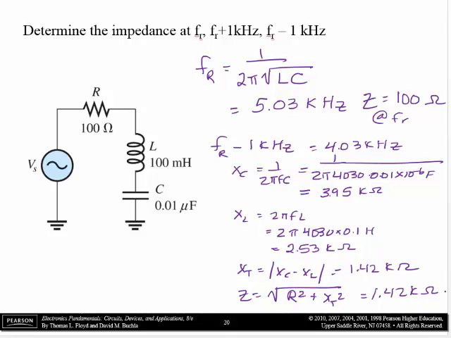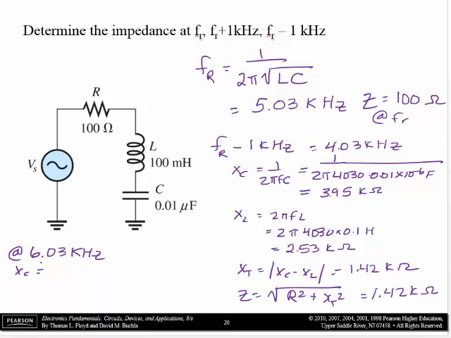And you do the same thing above the resonant frequency. You can make the calculations again, and you'll just get new numbers, but you will see that above the resonant frequency, it's an inductive circuit. So above the resonant frequency would be at 6.03 kHz. At that frequency, I'll just give you the answers.